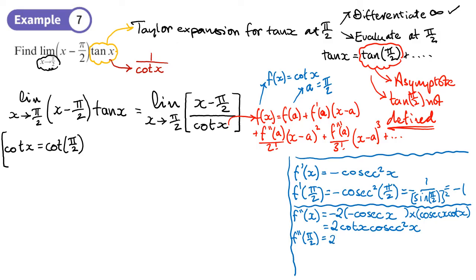So this will become 2 times cot pi over 2, which is 0, so the whole thing becomes 0. Interestingly, the cosec part at pi over 2 we worked out before, it would be 1, so we could use that previous answer, but there's no point because the whole thing just becomes 0.